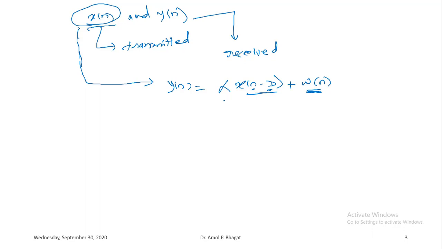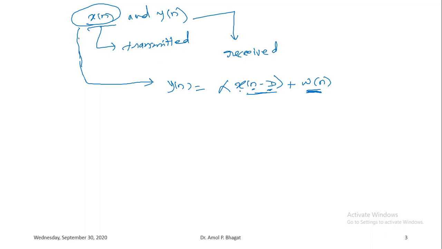So this alpha represents the attenuation factor, the signal loss involved in the round trip transmission of the transmitted signal x of n.